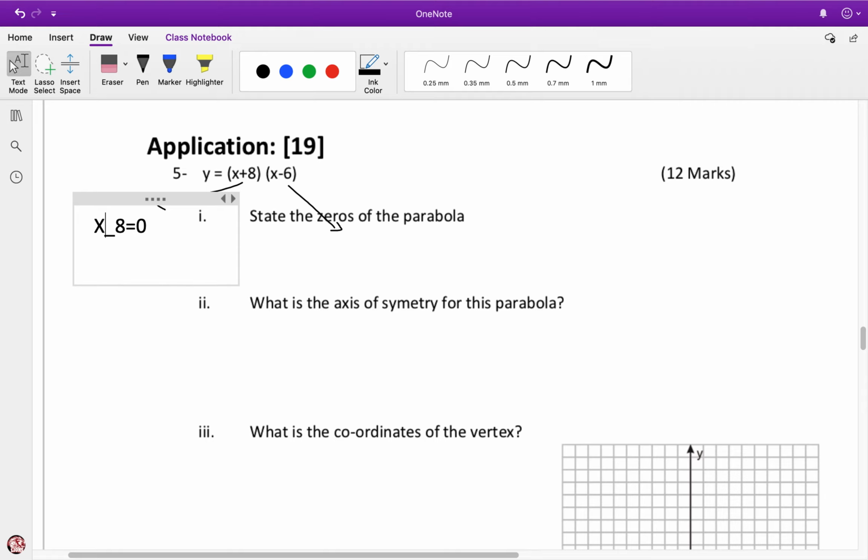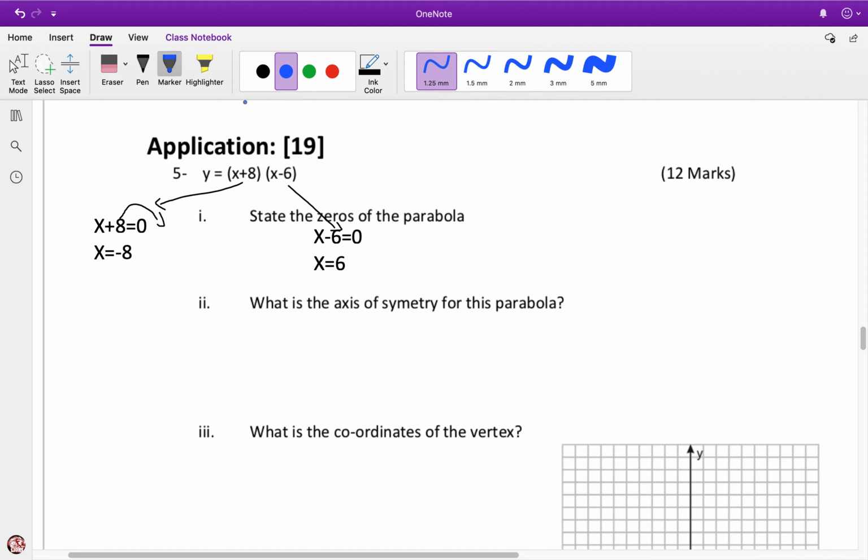Then I rearrange, and I get x equal to -8. Over here, I have x minus 6 equals 0. So I rearrange, I get x equal to 6. What I mean by rearrange is I'm just moving this number to the other side so I can isolate the x value.